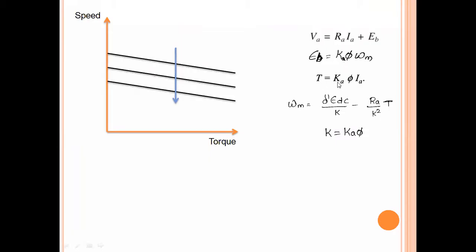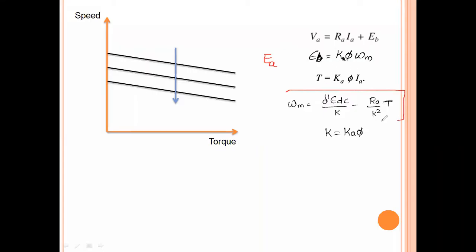Similarly, we know the torque is Ka phi IA, where IA is the armature current. So using these expressions, substitute EB here, and we know VA is nothing but EA. You can use VA or EA, both are the same. So substitute there and simplify.